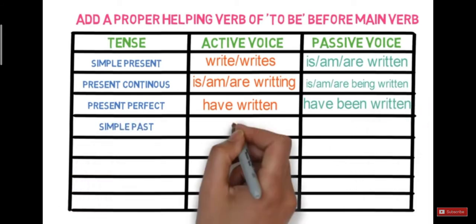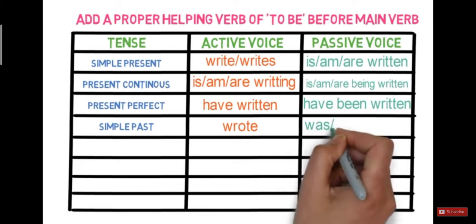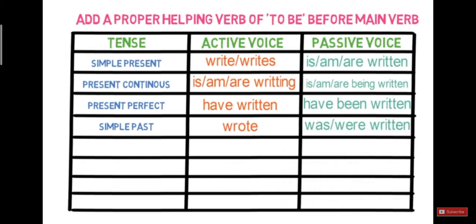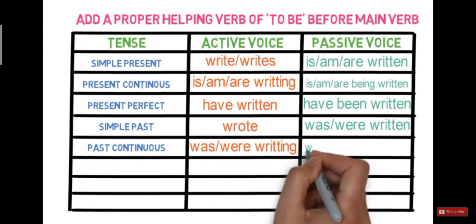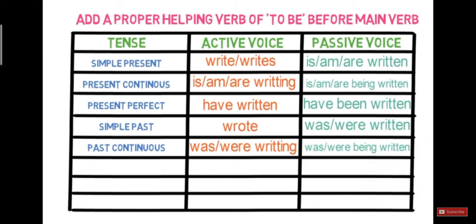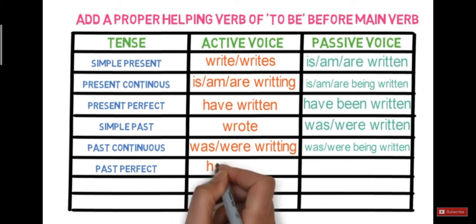Simple past, wrote, was or were written. Past continuous, was, were writing. Was, were being written. Same thing is there, just instead of is, am, are we are using was and were.